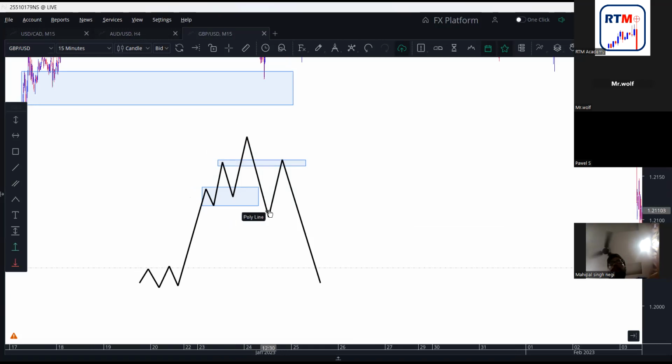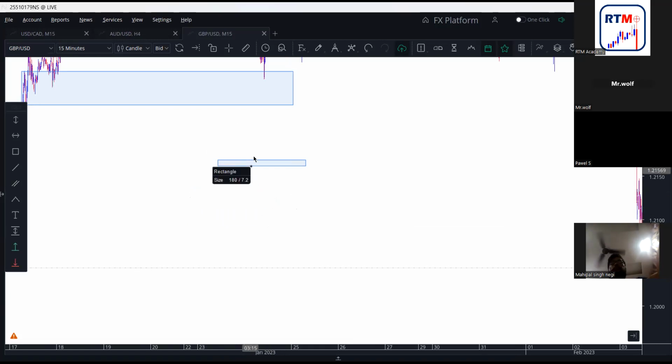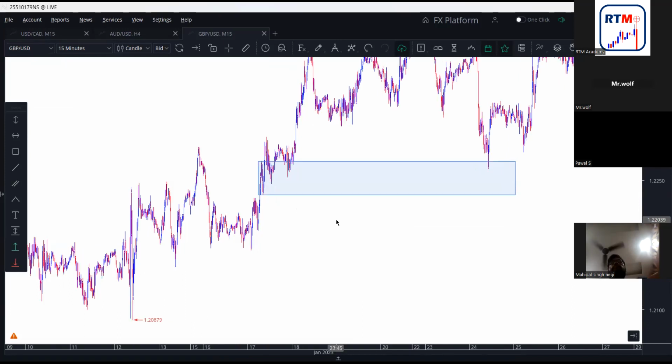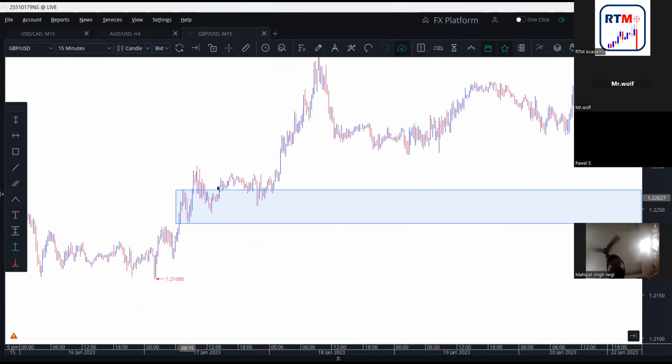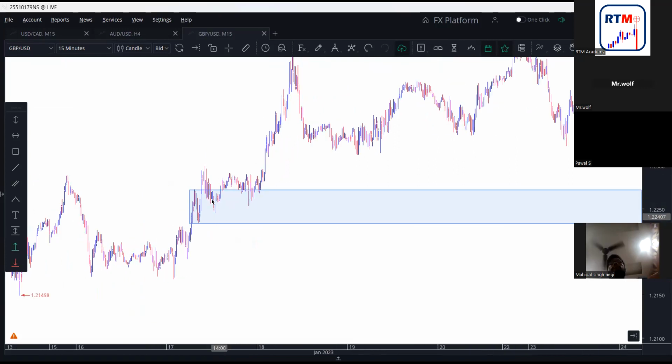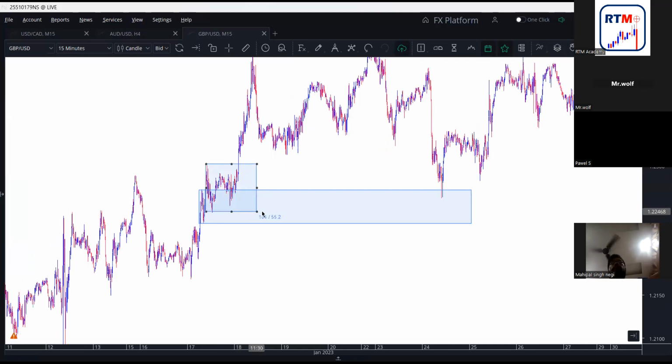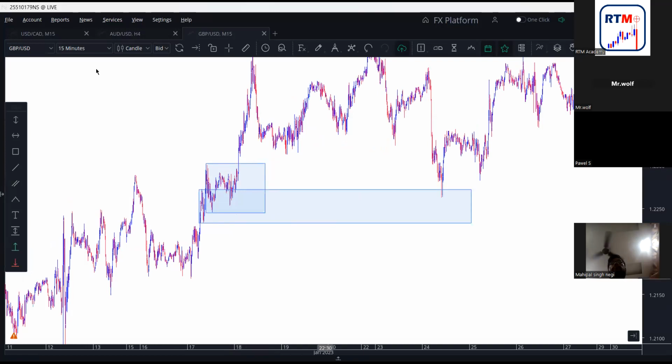So let's look at some examples on the chart of what I told you about the true high and low. Here we have an area which holds the price up. You see, it holds the price up. And after that, we have this area, and the orders have been transmitted to this area.